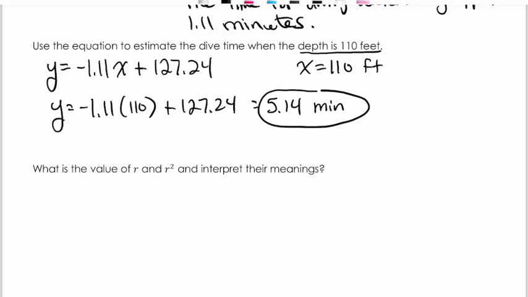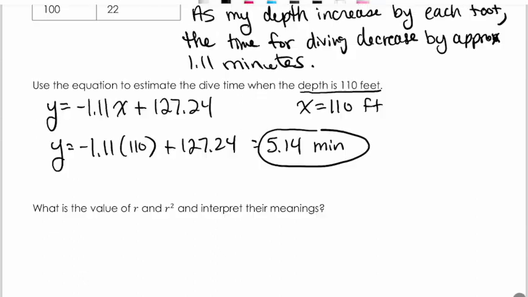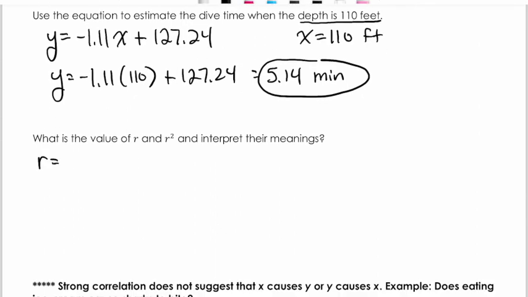Okay, now for the R and the R squared value. We said R was negative 0.96. Negative tells us that it's a negative correlation.